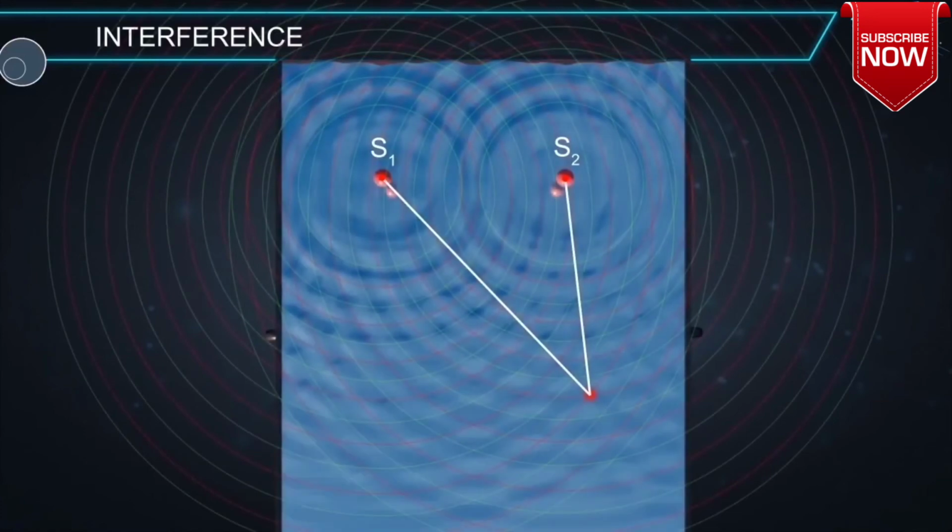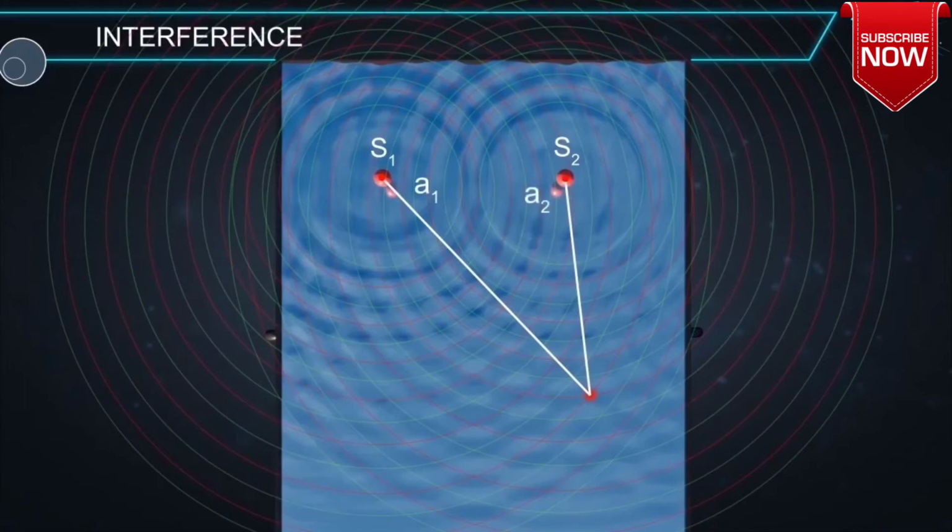Consider another case where the waves coming from coherent sources S1 and S2 are in phase but their amplitudes are different. Let the amplitude of waves from S1 be A1 and S2 be A2.